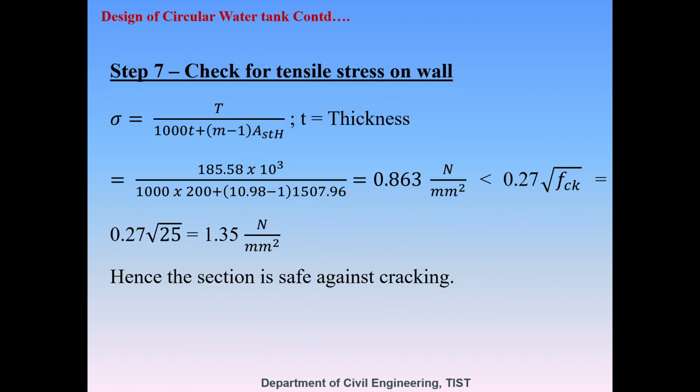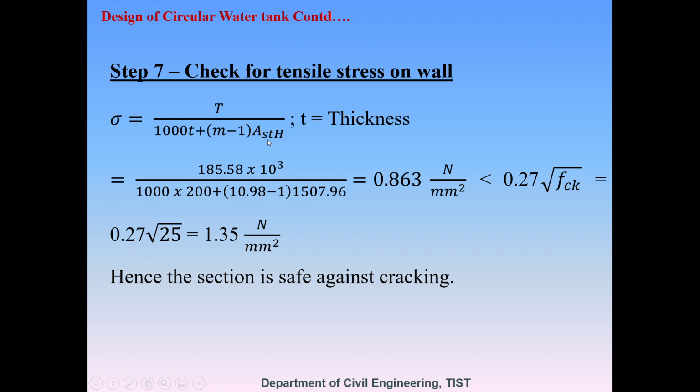Then next is checking this reinforcement against cracking. The check for tensile stress is obtained from the equation: tensile stress sigma is equal to T divided by 1000 T plus (M minus 1) ASTH, where T is the hoop tension, T is the thickness of the wall, and M we already have the value.